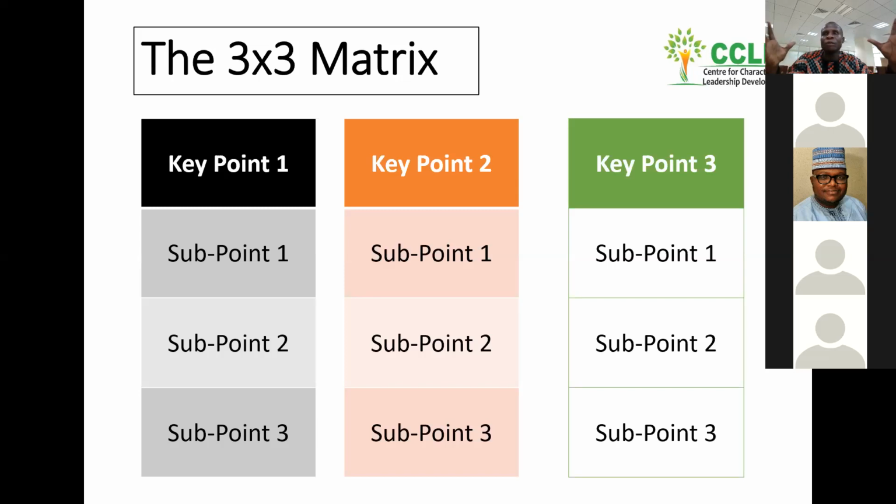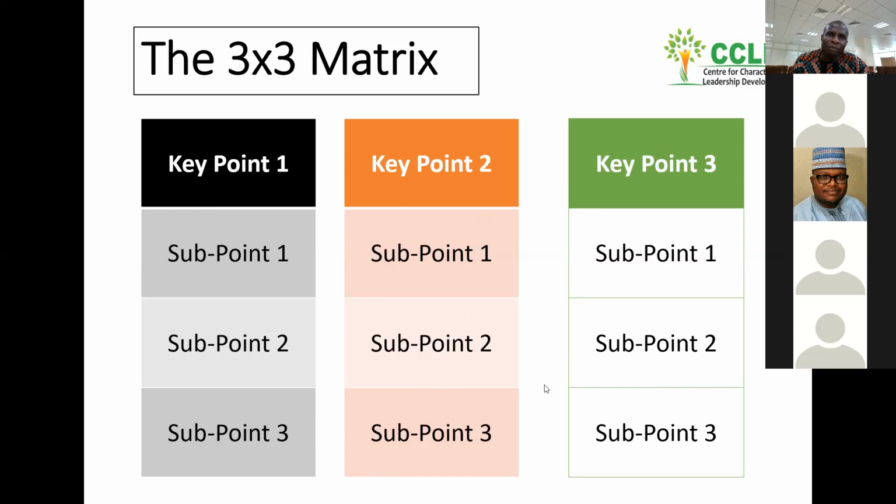That is what you have in mind. So key point 1 will be the first way, key point 2 will be the second way, key point 3 will be the third way. And then how do I buttress key point 1? You have 3 simple short points. And then you have 3 short points for the second one, 3 short points for the third one.